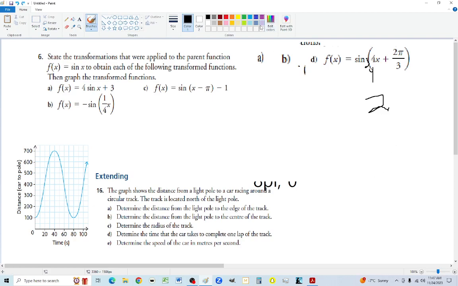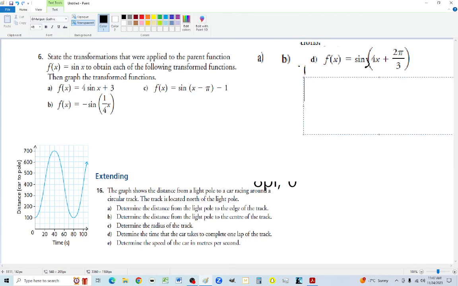Okay, so let's look at how that should actually be written then. Remember, it translates to 2 pi over 12, but that simplifies to pi over 6.